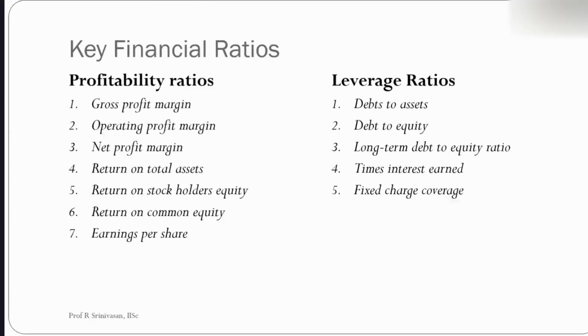This earnings per share refers to profits after tax minus the preferred stock dividends, divided by the number of shares of the common stock outstanding. That is, you take care of the preference shareholders first from the profits, then with the remaining profits you try to find out how much dividend can be, how much return can be made on this common equity.